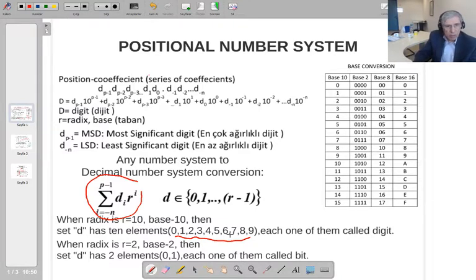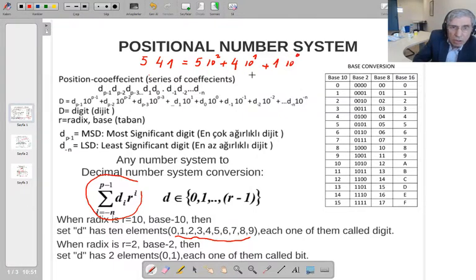So how are we representing any number? With a formula. Let's say if you want to represent 541, this position is the position of 10 to the power 2. So the position coefficient, that is, you might call it, 4 times 10 to the power 1, and the last one is 10 to the power 0.